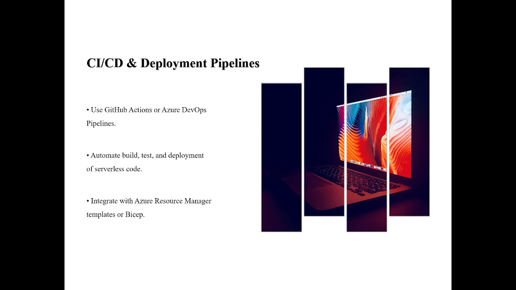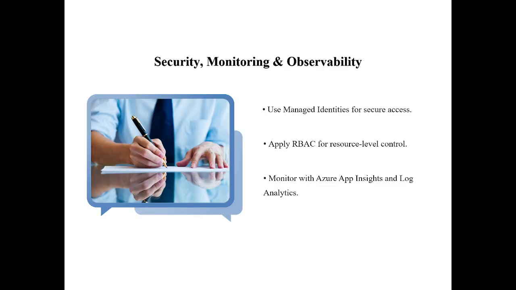Infrastructure can be managed using templates like ARM or Bicep so that everything is reproducible and version controlled. Integrate with Azure Resource Manager templates or Bicep. That is for the CI/CD deployment pipelines.